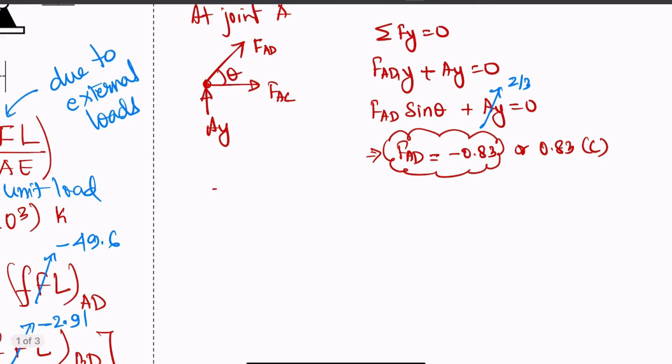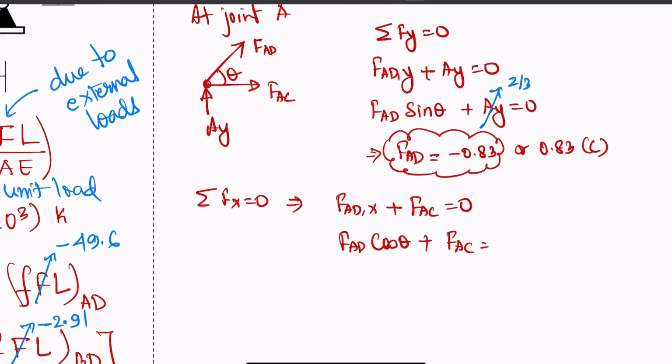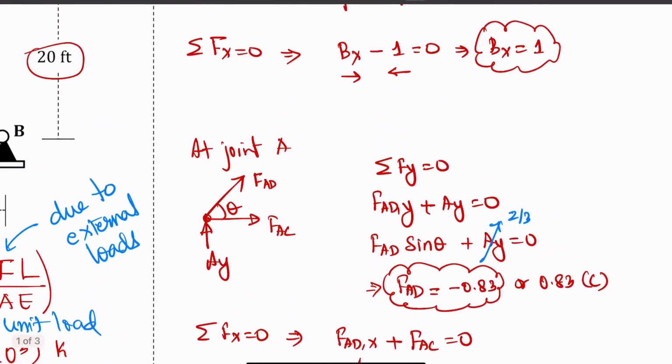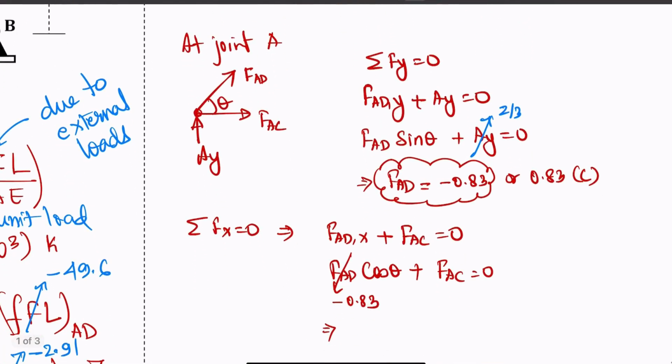And then we did the summation of all Fx equal to 0. So in this case, you'll find that it is the FAD x component plus FAC equal to 0. So FAD cos theta plus FAC equal to 0. And we already found our FAD is minus 0.83. And if we calculate, you'll find that these are not capital F, these are all small f.